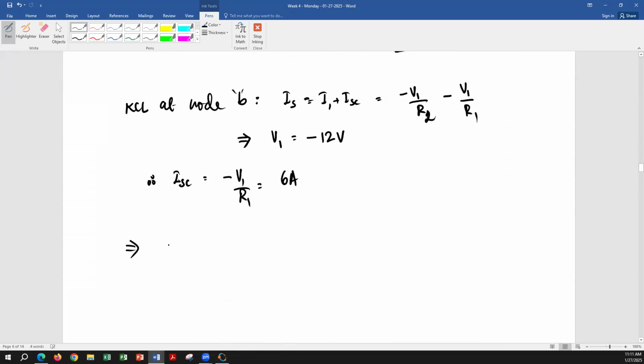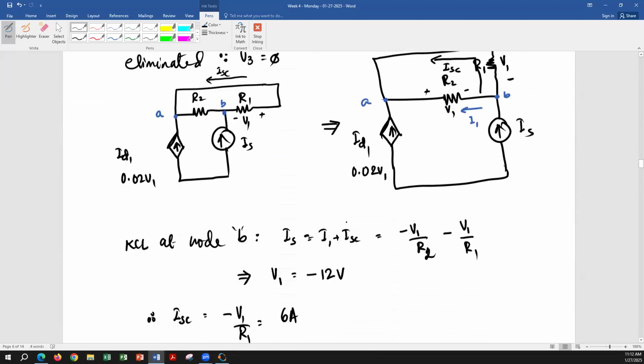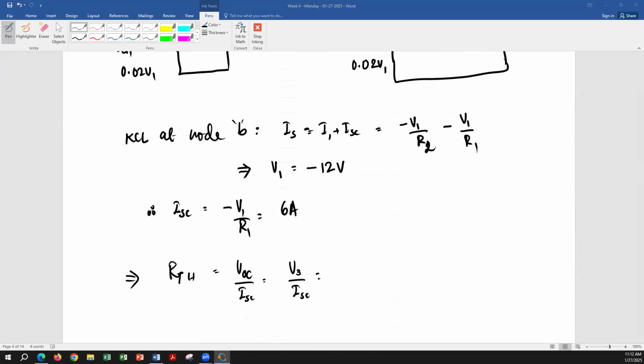Which implies our Thevenin resistance will be V open circuit over I short circuit. And of course, we're going to take the magnitude: 48.07 divided by 6.01.